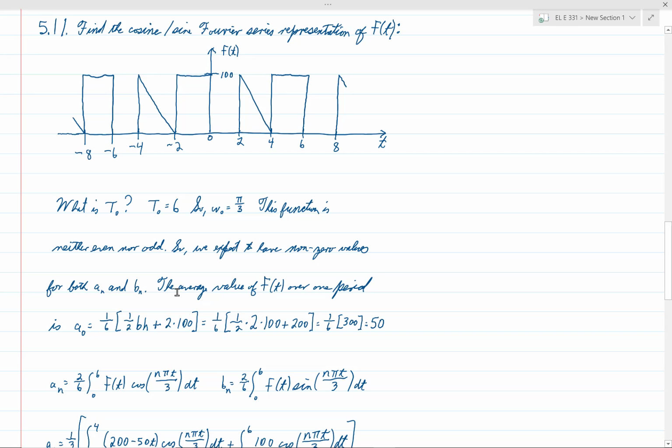So we have 1/6 times 1/2 bh, the area of the triangle, plus 2 times 100, because the width is 2 and the height is 100. So we have 1/2 times 2 times 100 plus 200, which is the area of the rectangle. Altogether we get 1/6 of 300, which of course is 50. So the average value of this function over a period is 50.